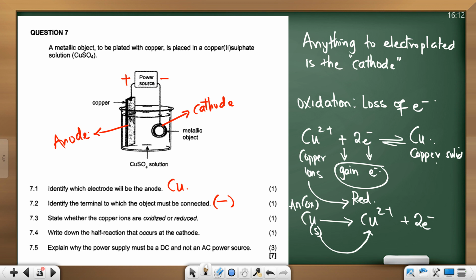To maintain polarity, the anode must remain as the anode and the cathode must remain as the cathode. If it is an AC, then we are going to be changing all the time. At a point, one will be the anode. At the other half, it will be the cathode.